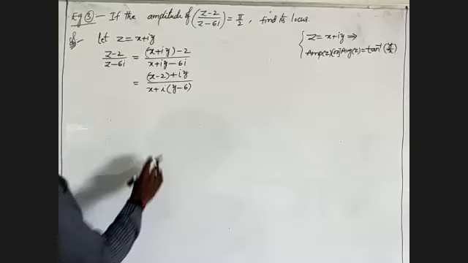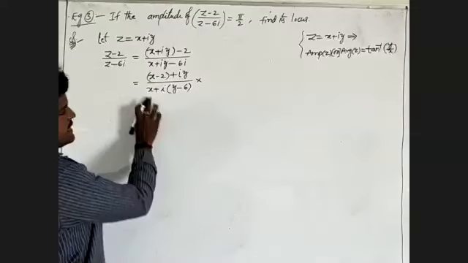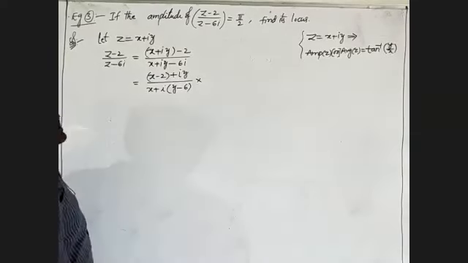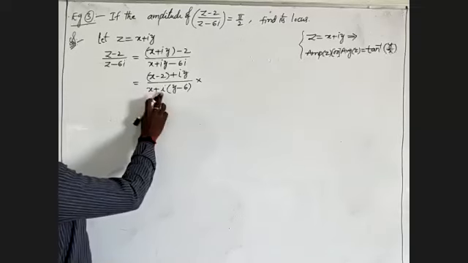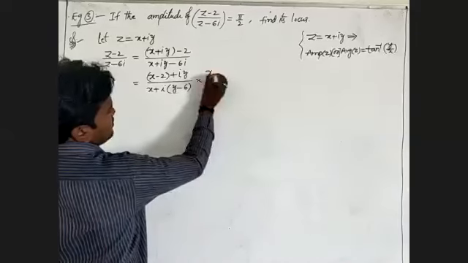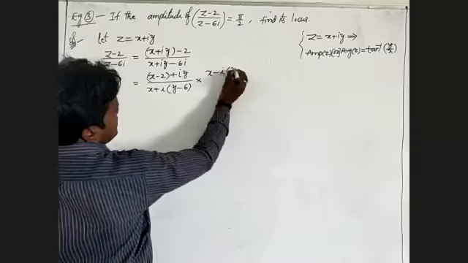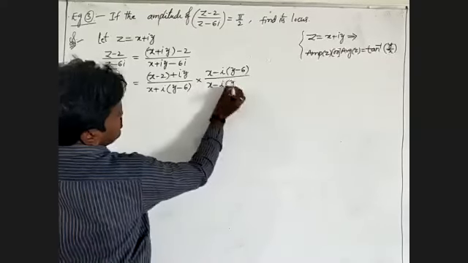We observe the conjugate of x plus i into (y minus 6) is x minus i into (y minus 6). Rationalizing with the conjugate on the given fraction, I write (x minus i(y minus 6)) by (x minus i(y minus 6)).